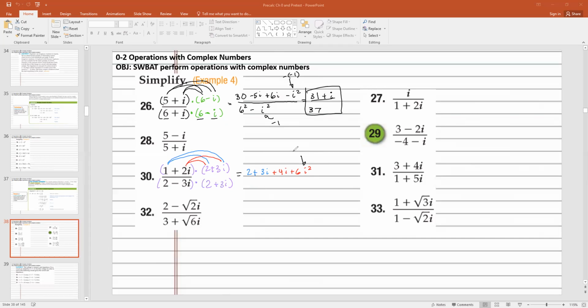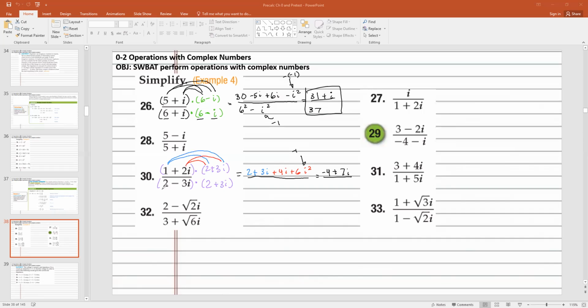Remember, i squared is negative 1, so that's negative 6. So 2 minus 6 gives us negative 4, and 3i plus 4i is 7i. That's the numerator.